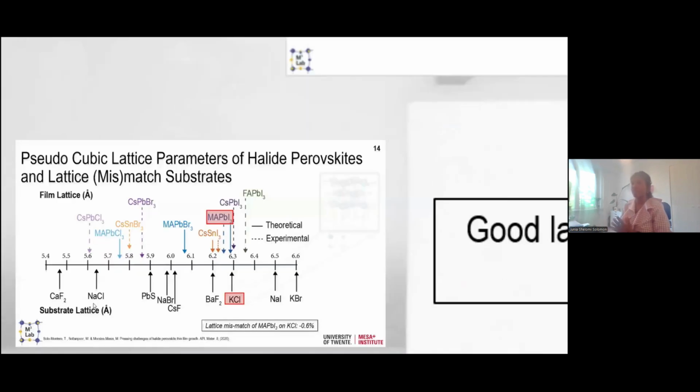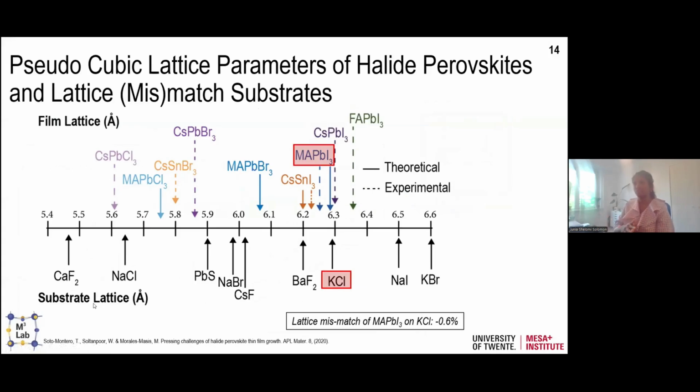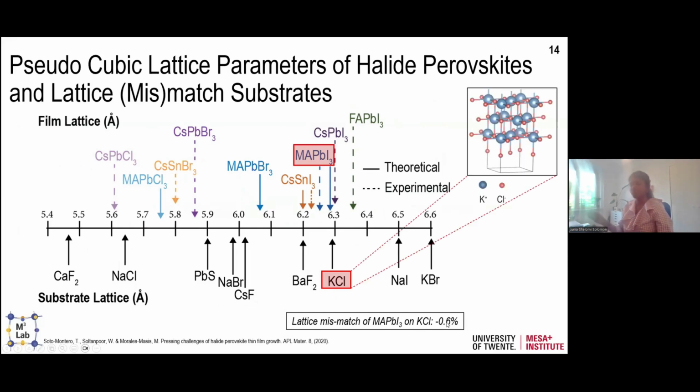For that, there's this nice schematic here which shows the pseudocubic lattice parameters of different halide perovskites, showing that the rock salts have a close lattice match with different halide perovskites. In this case, we're working with methylammonium lead iodide, which has a close lattice mismatch with potassium chloride. So the lattice mismatch here is minus 0.6%. So we chose potassium chloride as the substrate.